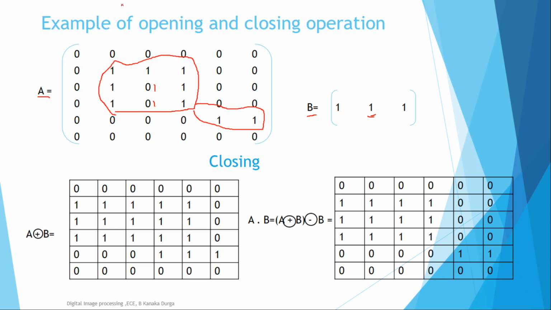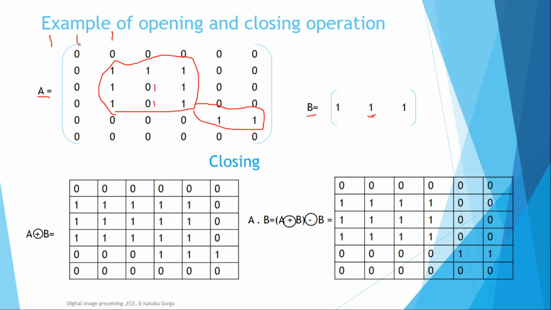So dilation, how are we going to do it? The center of the structuring element has to be matched with the image pixel value for which we have to do the dilation. So the center has to be matched. So outside will be 1, another one will be on this side. We have to observe the matching elements and non-matching elements.